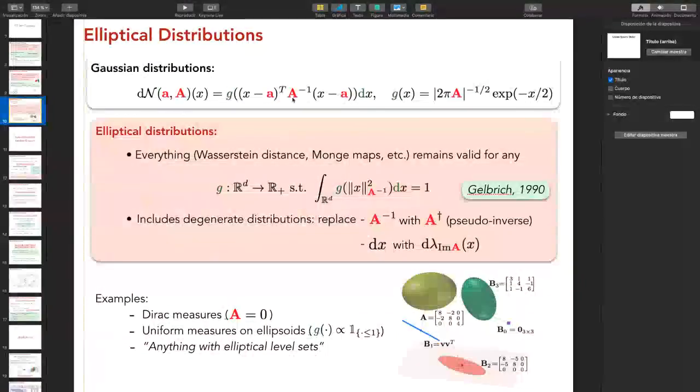And if you show that this map is a transportation map, then it might be possible, I guess.